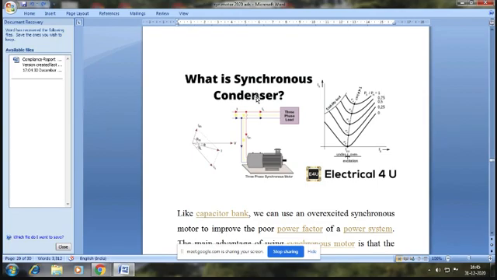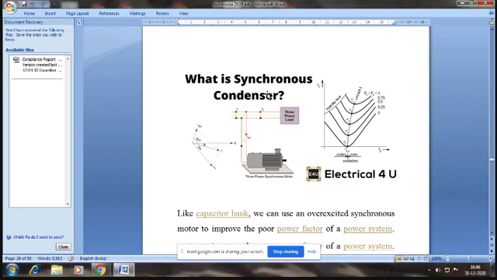Though it means capacitor for electrical engineers, in automobiles this condenser is a very important part. Of course, that condenser is different. But here, in electrical engineering, condenser is a capacitor.